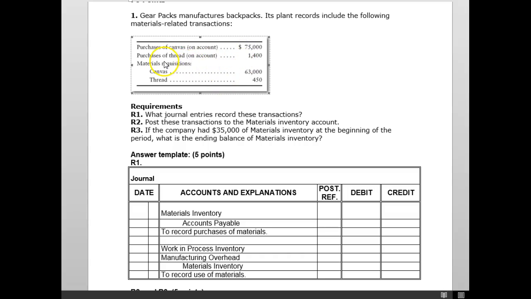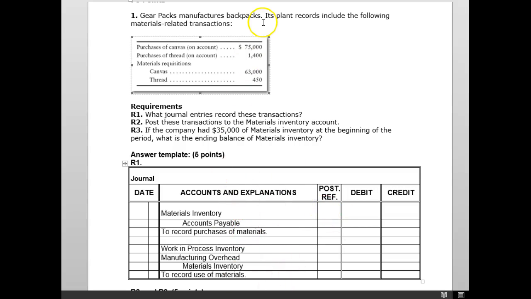And probably the thread is going to be in manufacturing overhead, because it can't be assigned to any one backpack, because it's very difficult. But both of them were bought on account, and when it says it's bought on account, that means they went into an accounts payable.